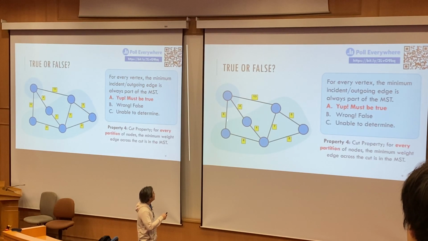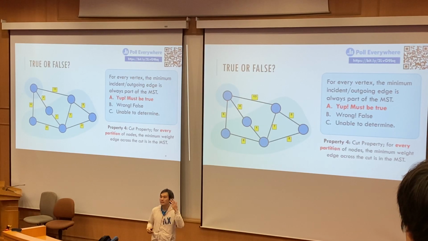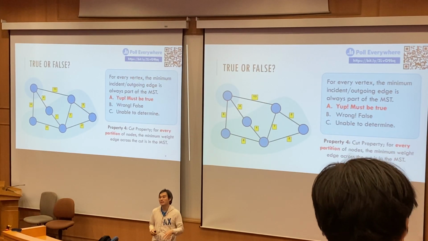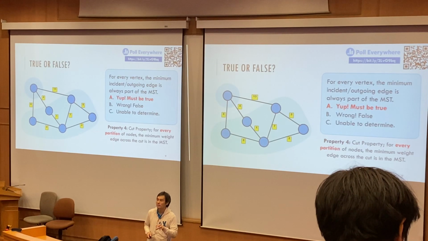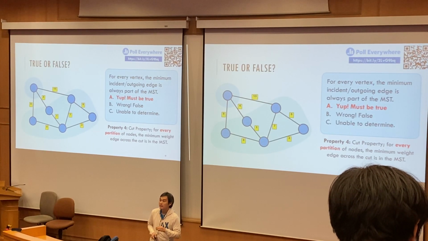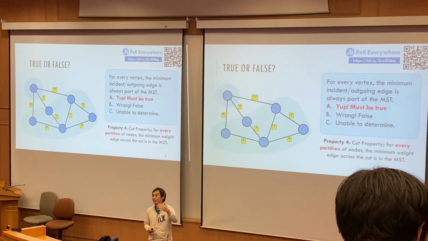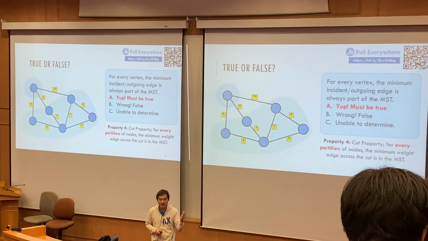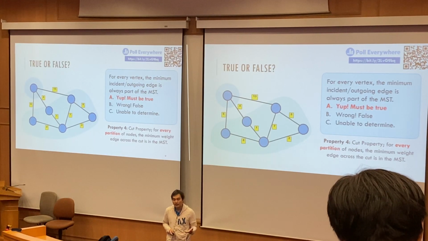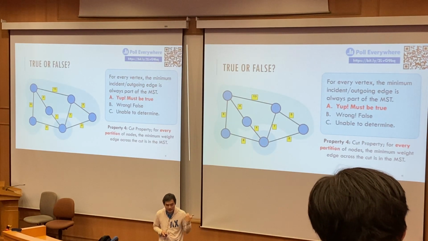So that means all the outgoing edges form the edges across the cut. And the minimum edge must be in the MST, hence for every vertex, the minimum incident edge must be part of the MST. Okay? So it's not just enough that you memorize the properties. You must know the implications of the properties. And from there you can derive more, so that's why it's very important to have this all integrated together.